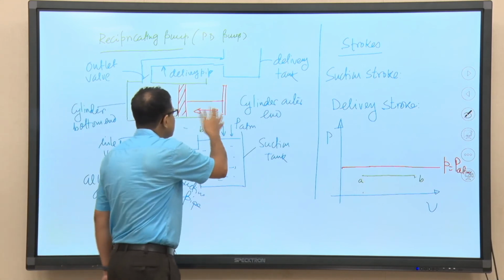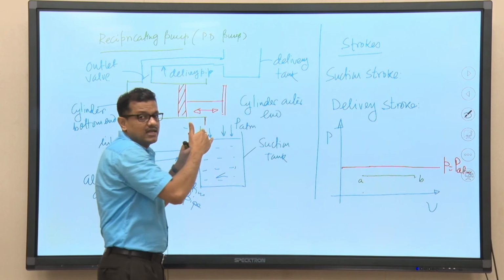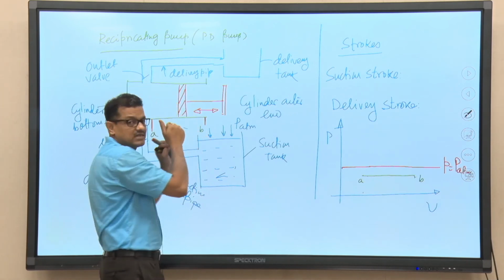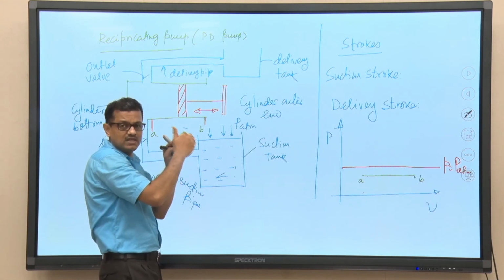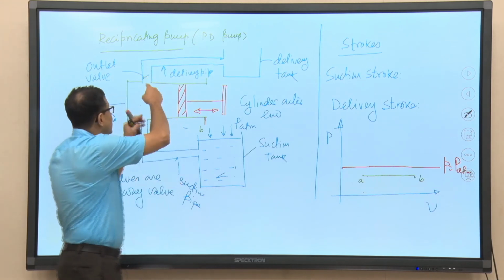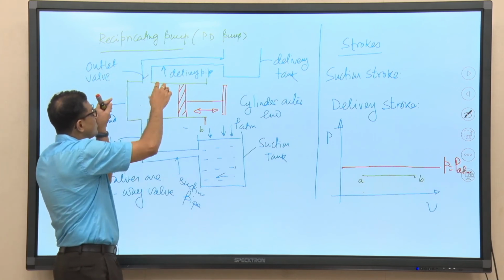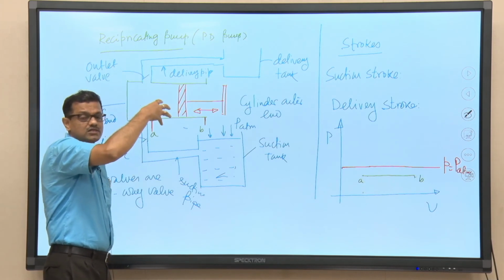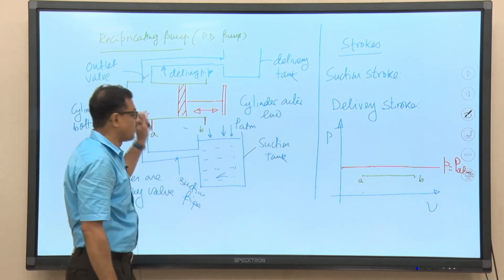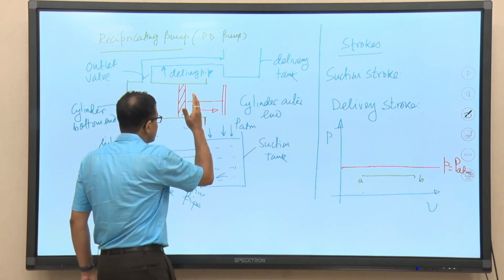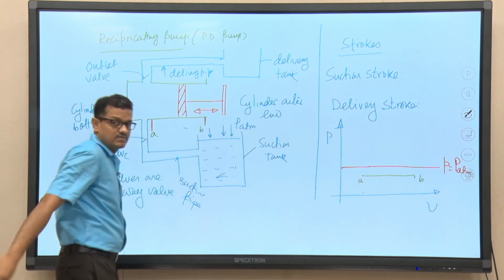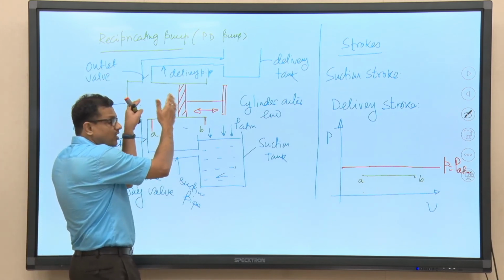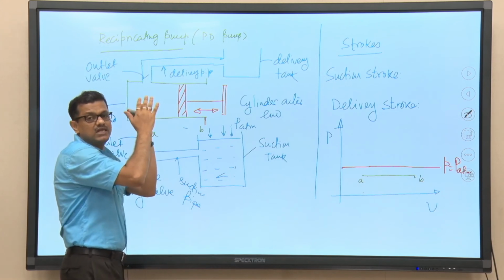Now, in the beginning of the delivery stroke, momentarily the piston will create a thrust on the liquid volume inside the cylinder. The volume remains constant, because until the pressure goes above a threshold value, which is required to lift the delivery outlet valve, nothing moves. Again, when the delivery stroke begins, momentarily the volume will remain constant, but the pressure will increase.